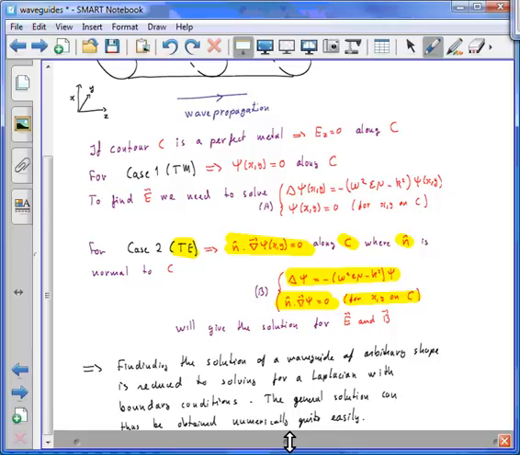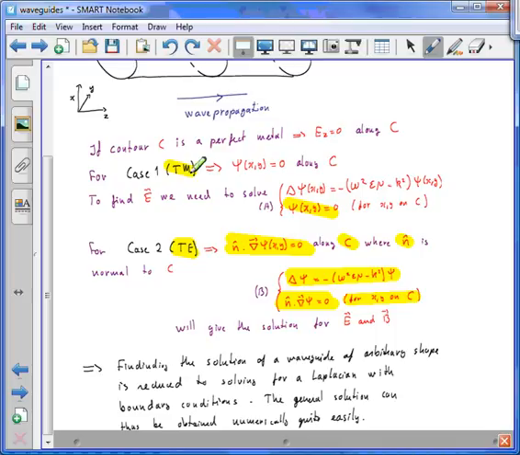The only thing we have to solve is this Laplacian in psi, which is only a two-dimensional Laplacian. Again, psi is only a function of x and y, and it has to respect this boundary condition for the TE case and this boundary condition for the TM case.